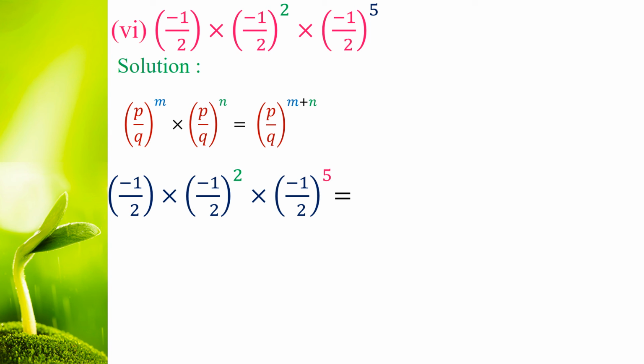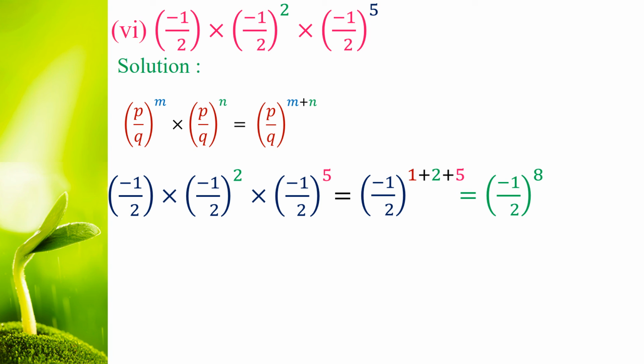So minus 1 by 2 into minus 1 by 2 to the power 2 into minus 1 by 2 to the power 5 equals, place the same base, minus 1 by 2, then we should add the powers, 1 plus 2 plus 5. So we will get minus 1 by 2 to the power 8.